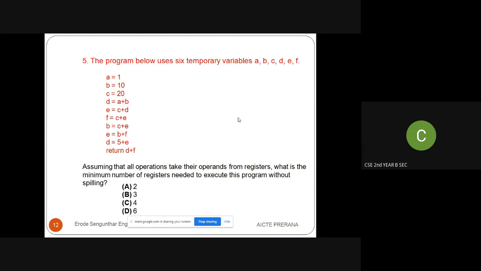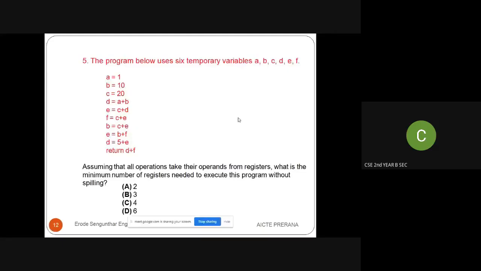I will give a clue. The first clue is that for processing or saving a particular variable's value, we are in need of only one register for every variable. Similarly, when there is a repetition using the same variables, there is no need for extra registers.